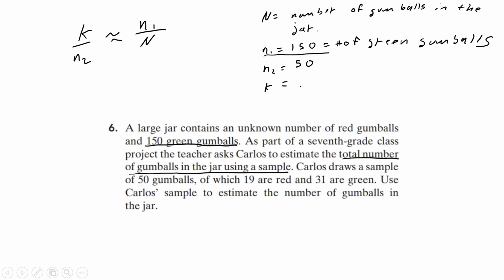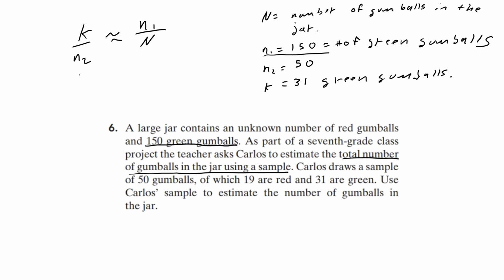And in your sample, we're keeping track of the greens, not the reds. Got to be careful with that. I just made a mistake there. So K is 31 green gumballs. And then we can set up our proportion.